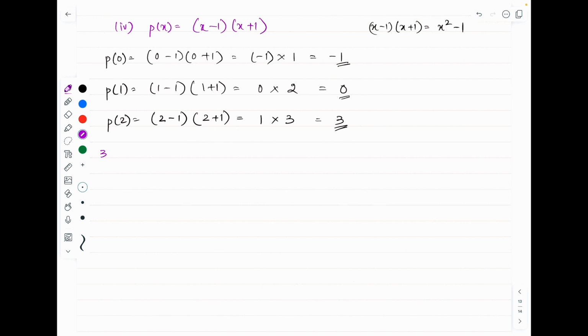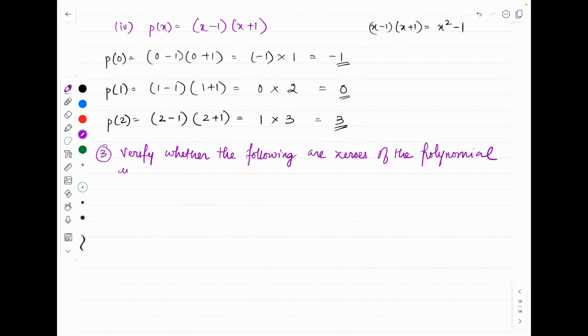Okay, now the third question. Third question is verify whether the following are zeros of the polynomial indicated against them.